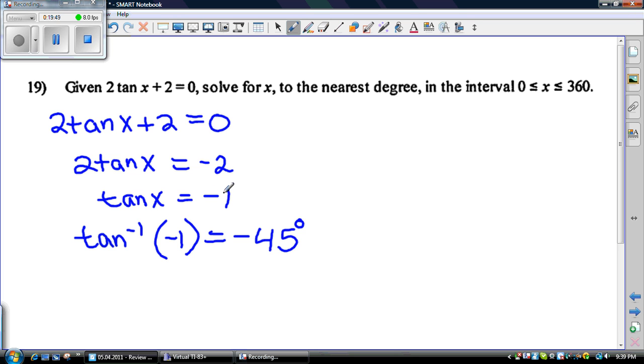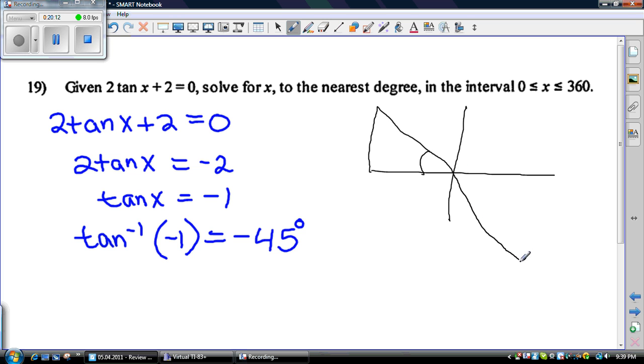Okay, so tan of x equals negative 1, and this kind of tells me the degree amount. Let's try and graph it up, use our unit circle, figure out the quadrants. So where is tan negative? Well, tangent is negative in the second quadrant, and tan is also negative in the fourth quadrant.